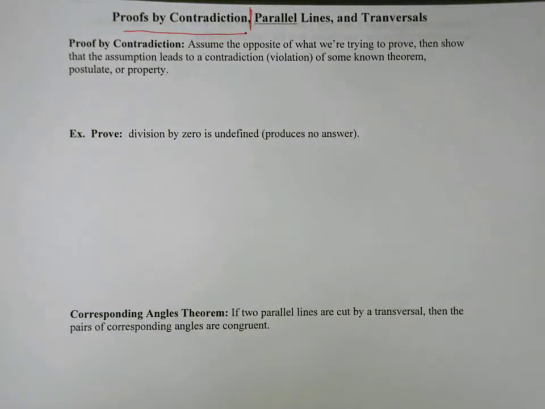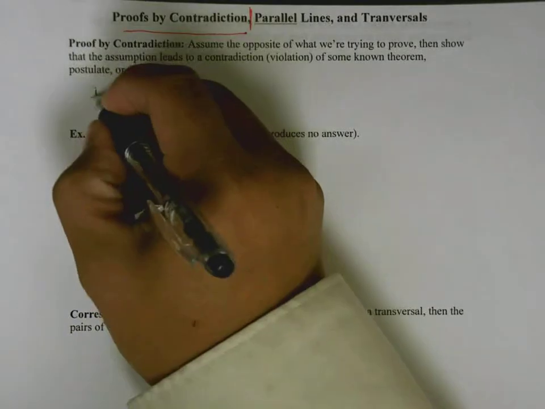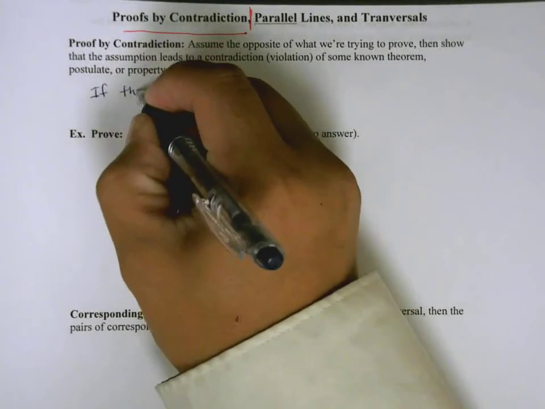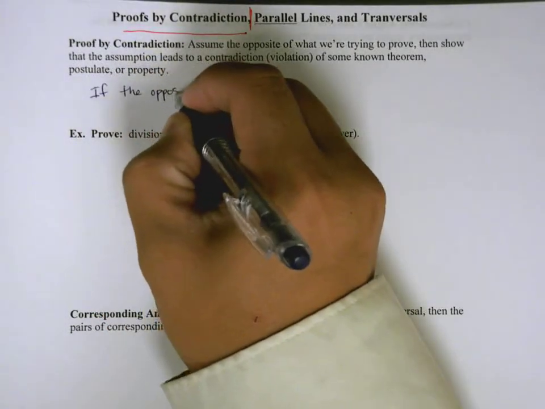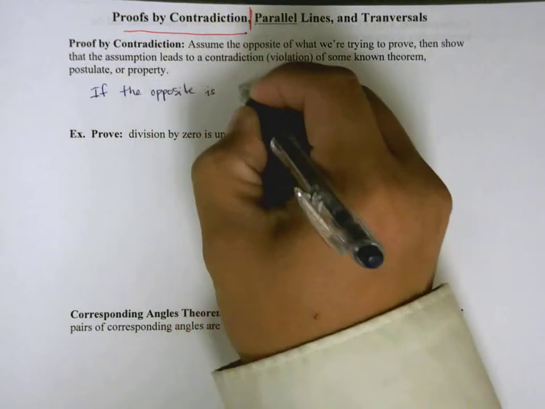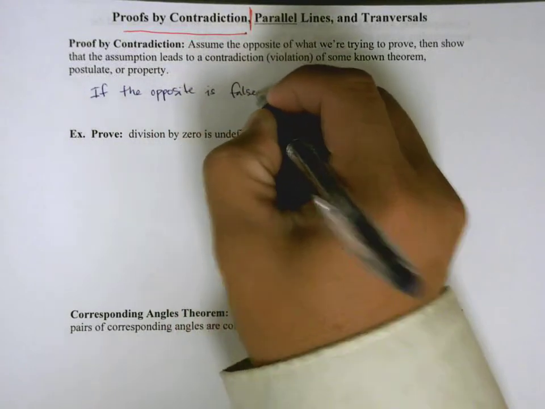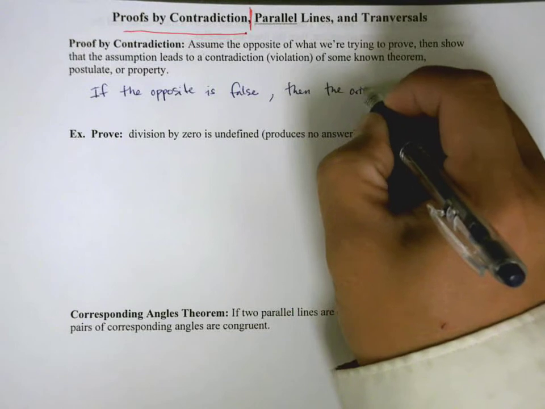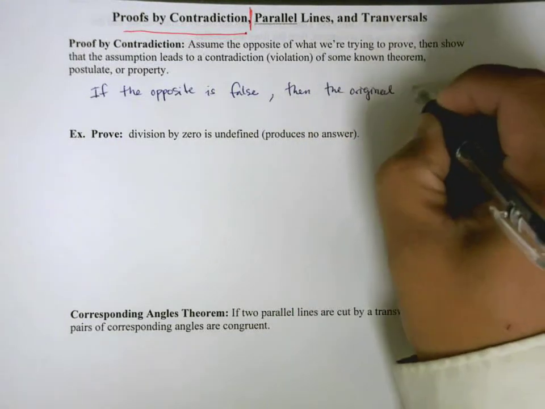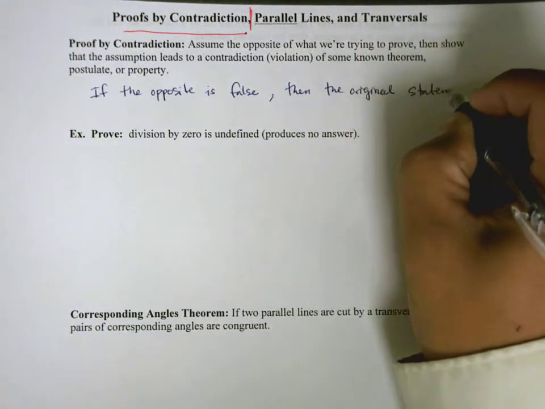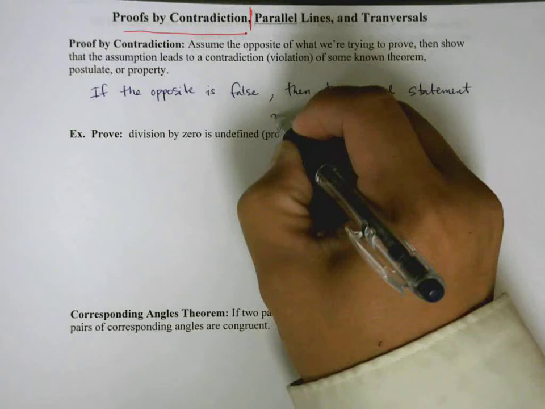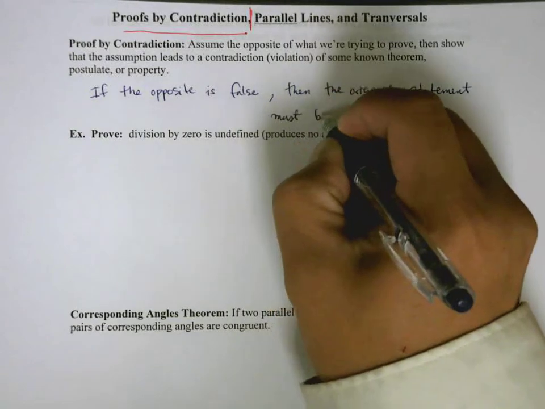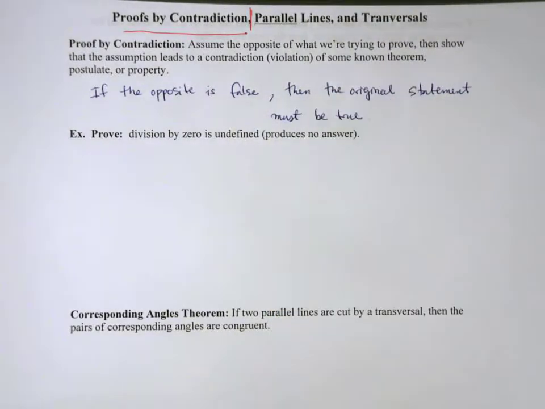So it's like if the opposite statement is false, then the original statement must be true. So if I say something that's clearly wrong, then the opposite of what I said should be correct.